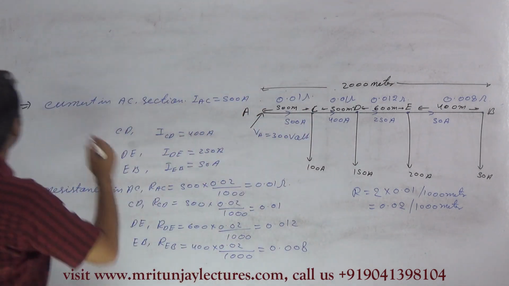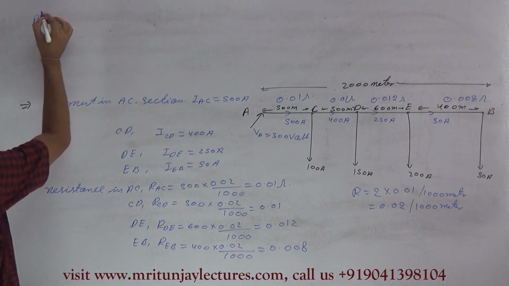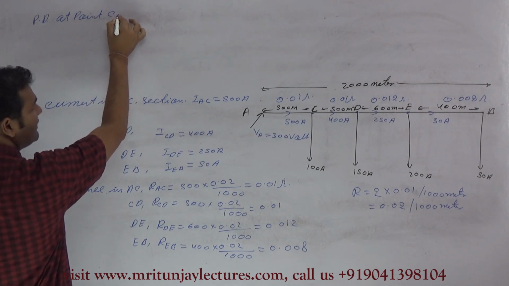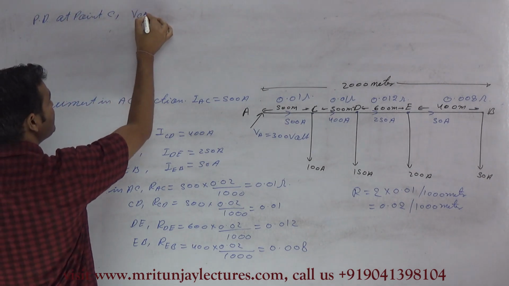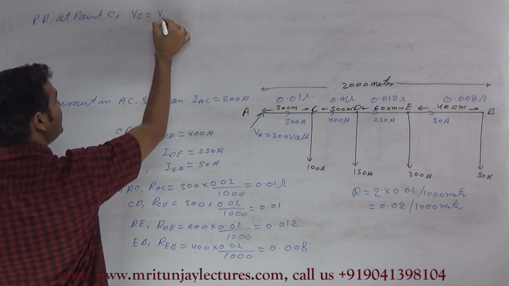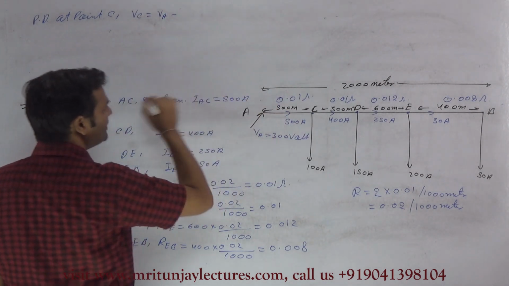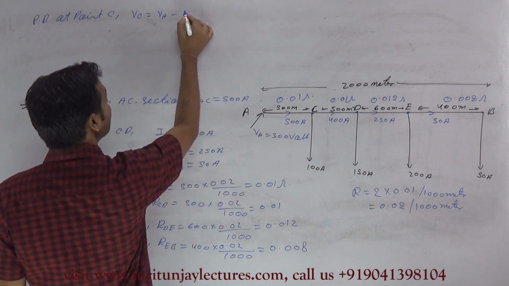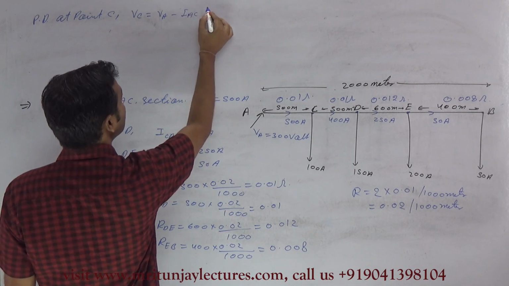Now the potential difference at point C, that is VC, is equal to VA minus the voltage drop in this section, that is I of AC into R of AC.